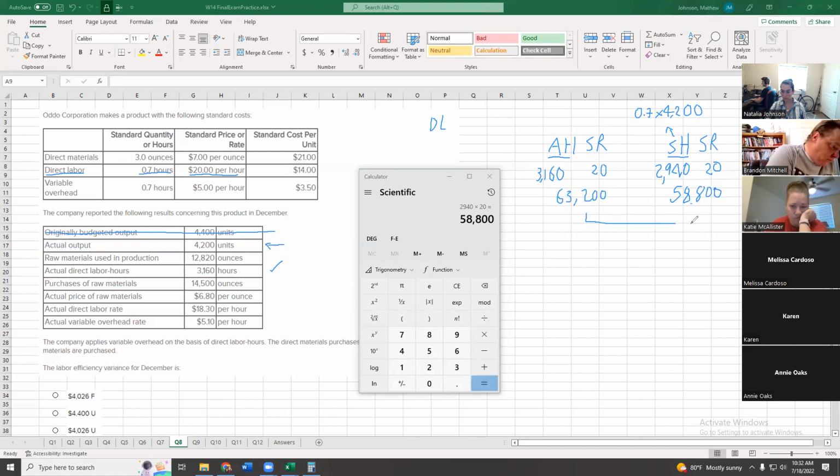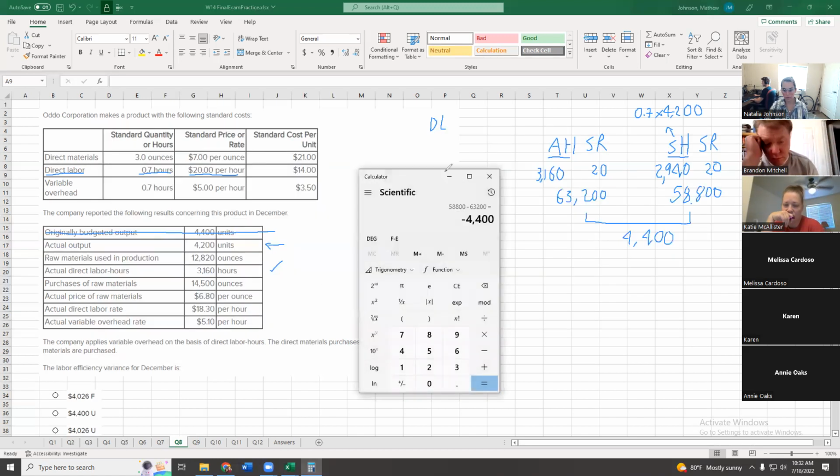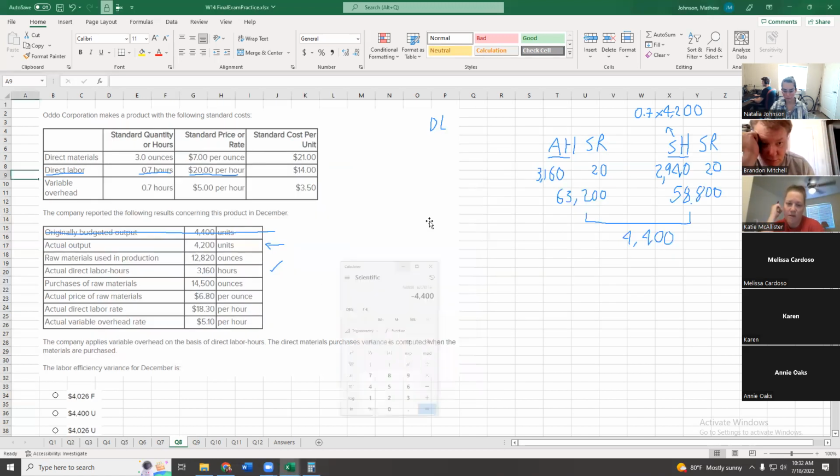Okay, so the difference of these two is 4,400. And how do we know if it's favorable or unfavorable? You budgeted less than you actually spent, so it would be unfavorable.